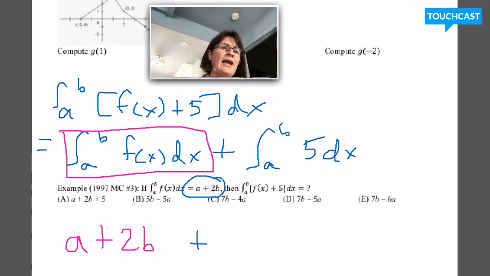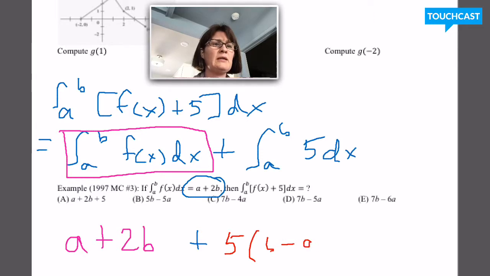And then I'm going to add together the value of this integral. So the area under the curve y equals 5 from a to b. So remember, the definite integral of a constant, I'm just going to compute the height of my rectangle times the distance across my rectangle, which is the difference between these limits, b minus a.